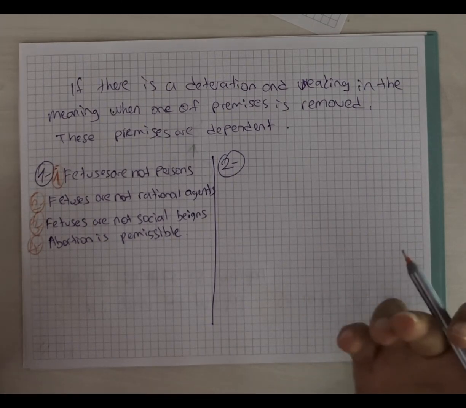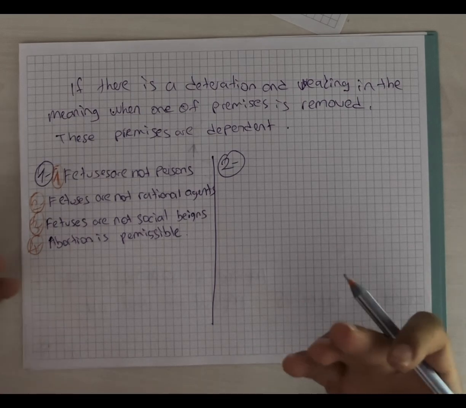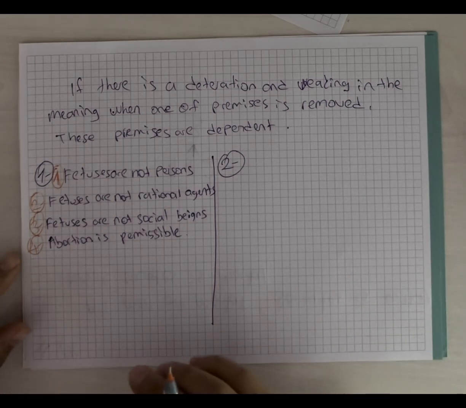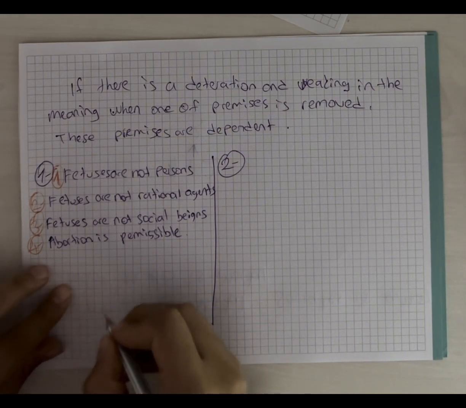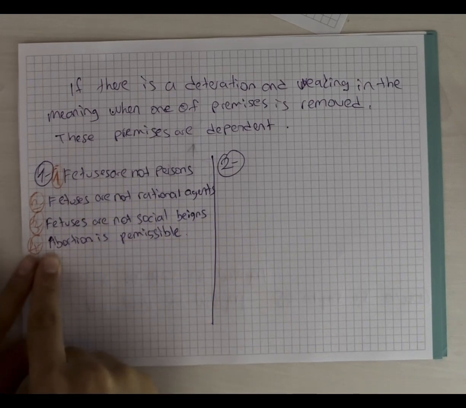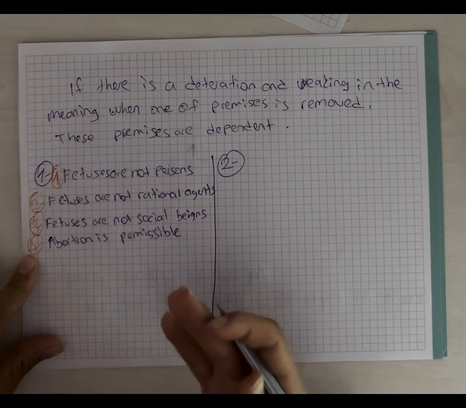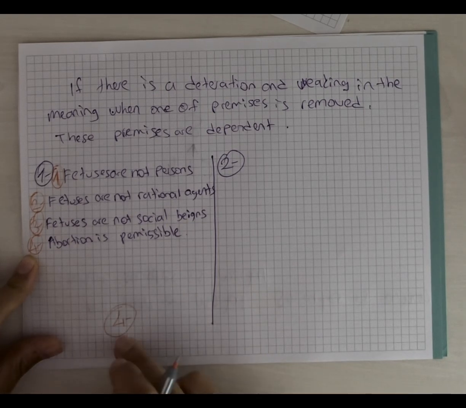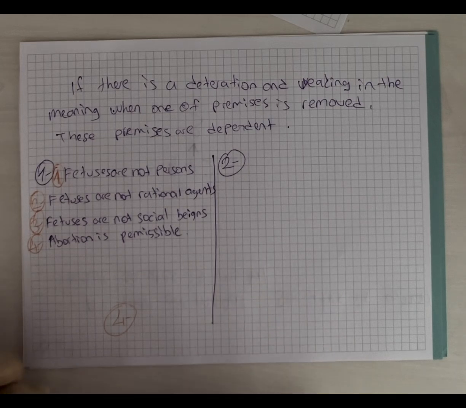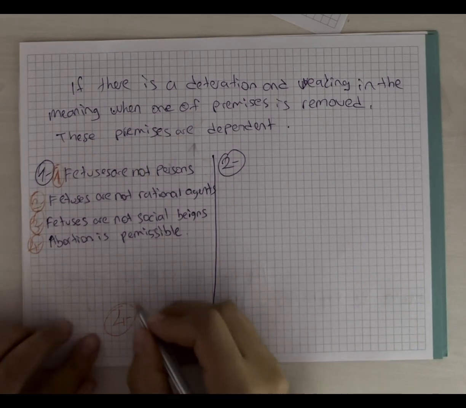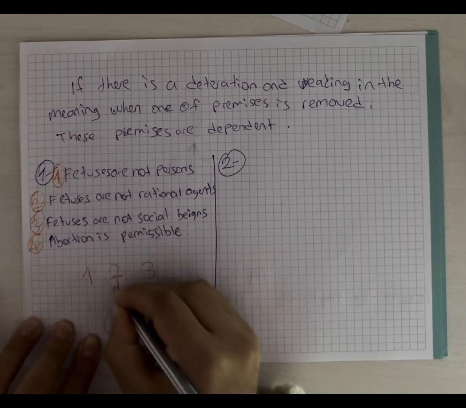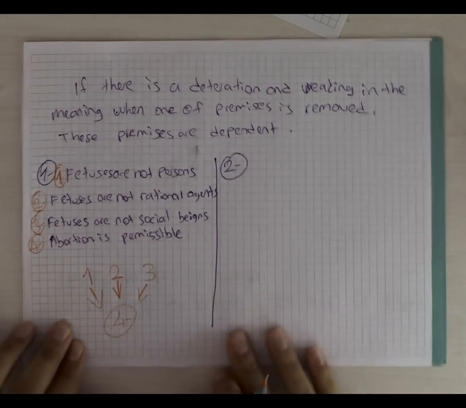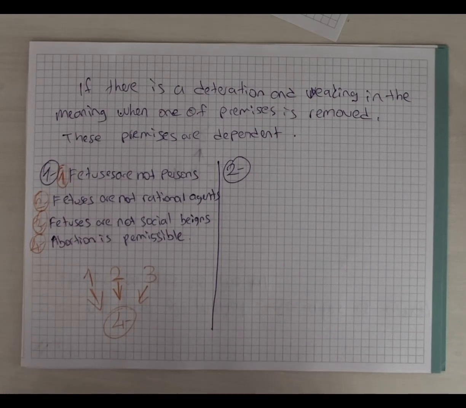So we can say that these premises are independent, and independent premises are diagrammed like that. Our conclusion is abortion is permissible, and the other premises support this conclusion, but they support it separately. So like that.